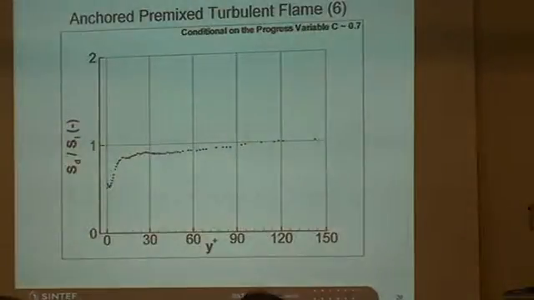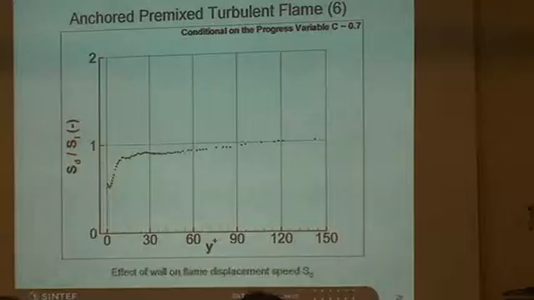Okay, this is the SD, the flame displacement speed, normalized by the laminar speed. We see that at the channel center line, the displacement speed and the laminar speed are comparable, and this is reasonable.